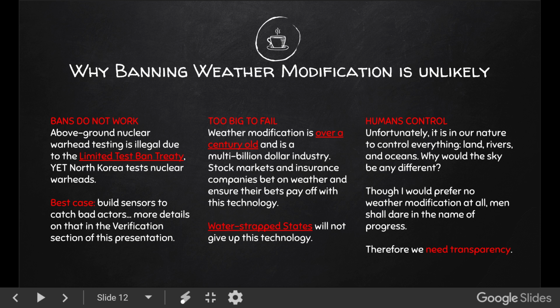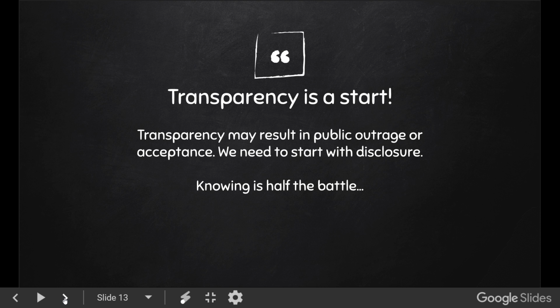And that way they can tell when somebody breaks the law, whenever they break the nuclear ban. The same is true for weather warfare. We need to know when people are doing it. The only way we're going to know is if we catch people in the act.